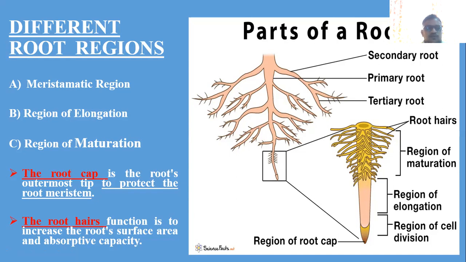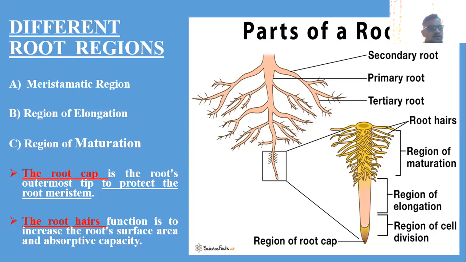Here are the important parts of the root. The different root regions are: first, the meristematic region; second, the region of elongation; and third, the region of maturation. Now what is meant by the meristematic region?